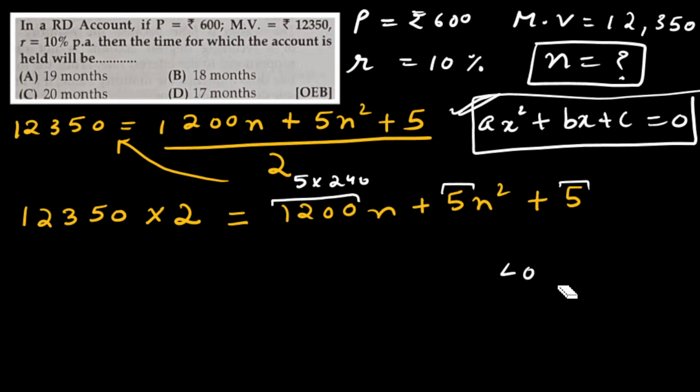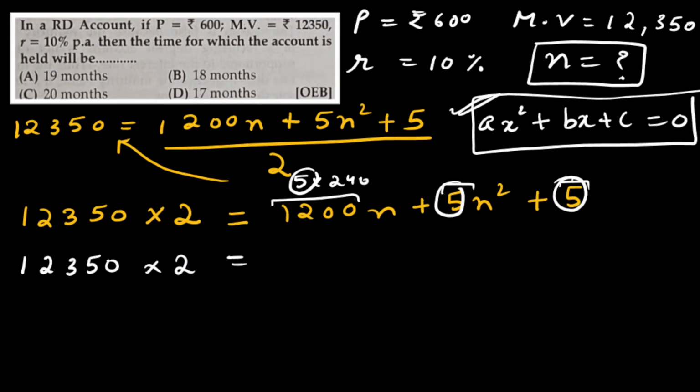So yes, you are sharing the multiplication answers, but I'm not going to multiply. 12,350 into 2 as it is I'm writing. Here the common factor 5 I am taking out because we have to make our calculations easy. If I take 5 out, what I am left with here is 240n plus n square plus 1.